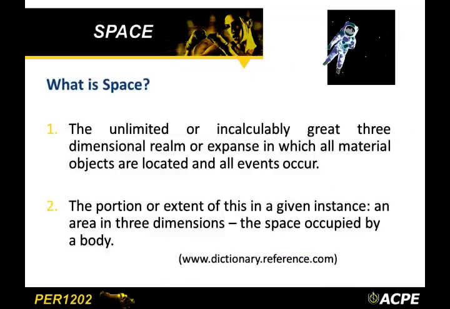So the first one, here we go, space. What is it? Well, it's the unlimited or incalculably great 3-dimensional realm of expanse in which all material objects are located and all events occur. It's the portion or extent of this in a given instance, an area in 3 dimensions, the space occupied by a body. So we'll look at space in terms of the dimensions of a football field.